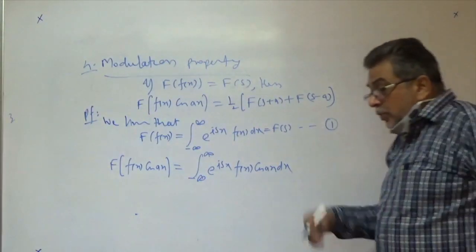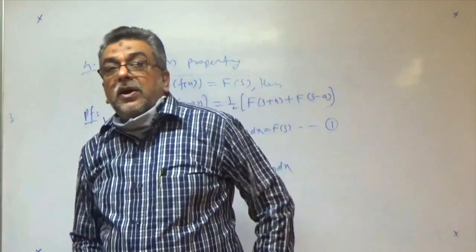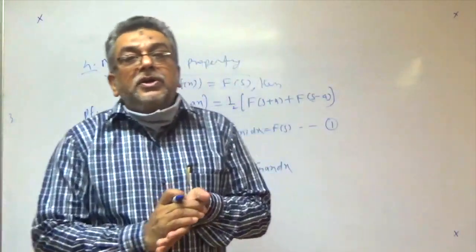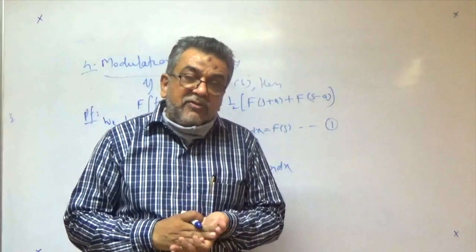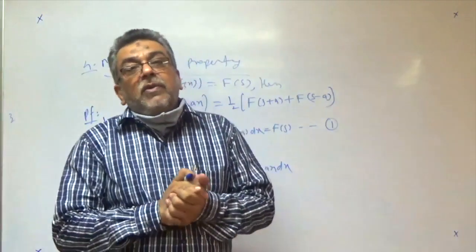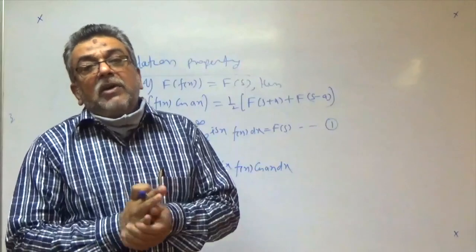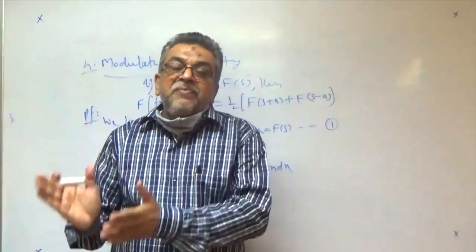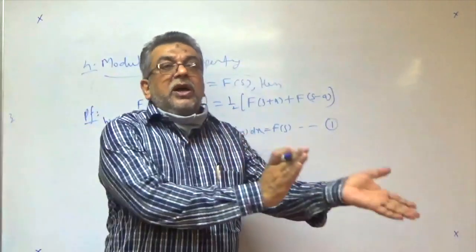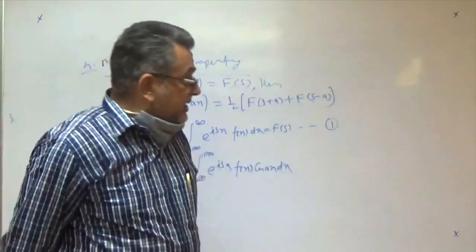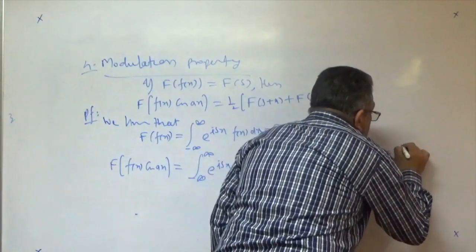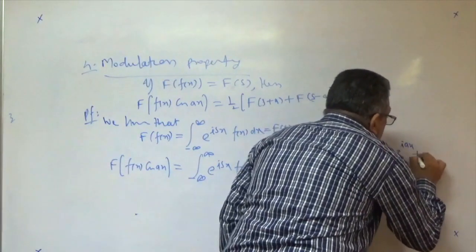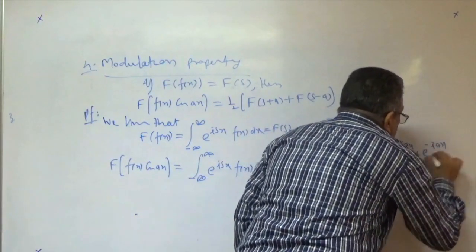Now, you know that there is a relation between trigonometrical function and exponential function, a very important result given by the mathematician Euler, by which we can change a trigonometrical function into an exponential function and vice versa. Here cos ax we can write as e to the power i a x plus e to the power minus i a x upon 2.